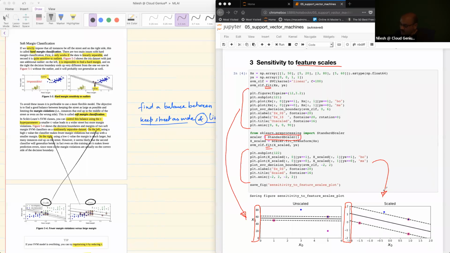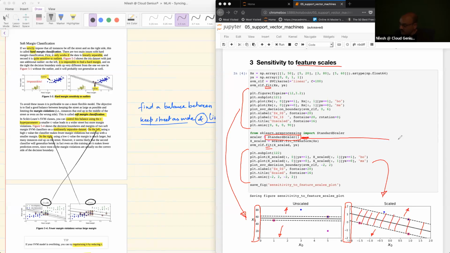And what you now see is a wider street. We want a wider street because we can then very easily disambiguate between this side and that side, because we want the street to be wide. The street becomes wider, relatively speaking, because of this idea, standard scaling.